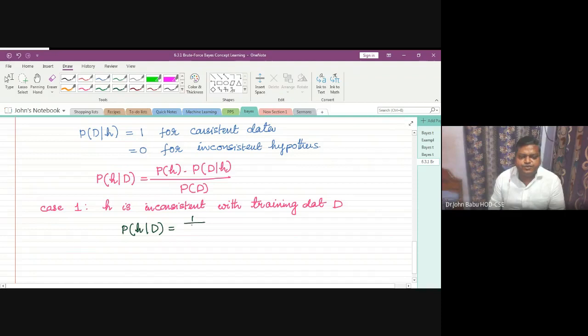Pillalu, what is the probability of h? 1 by the magnitude of h into the probability of d by h, which is 0, by probability of d. So what is the value? 0 into anything, 0.